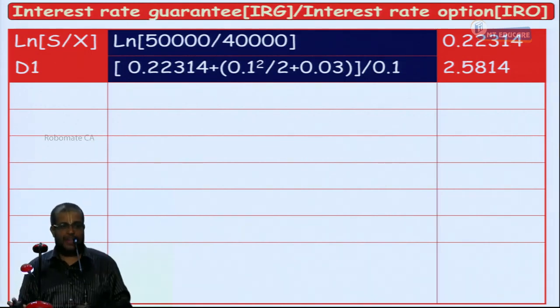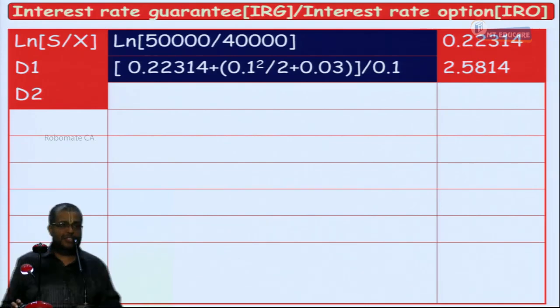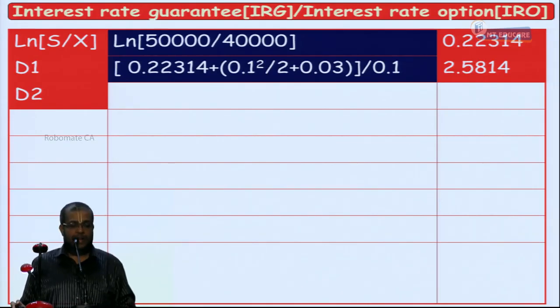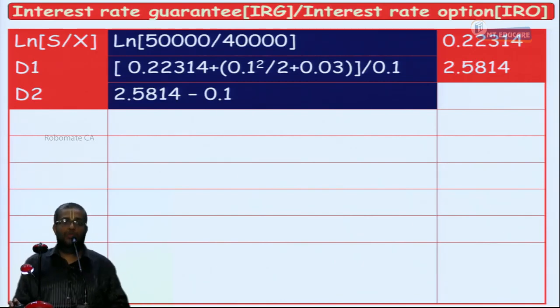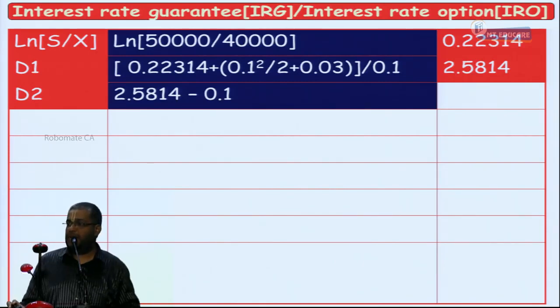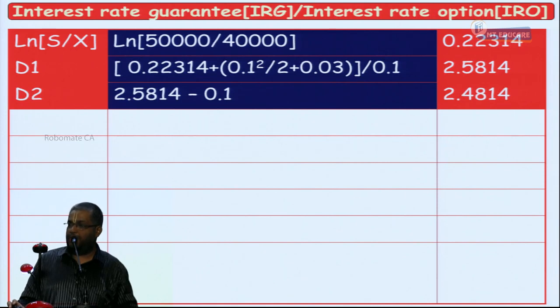D2 is equal to D1 minus sigma into square root of t, which is 2.5814 minus 0.1. Number please. 2.4814.